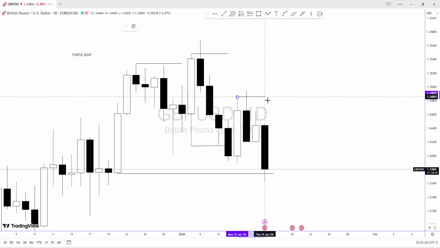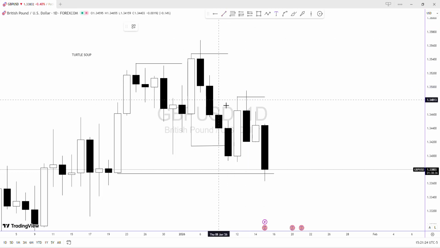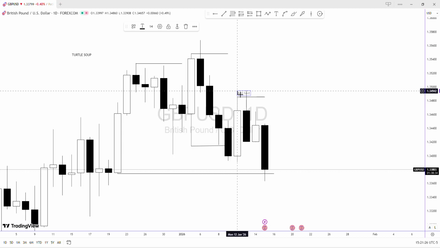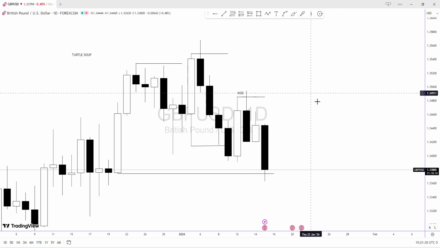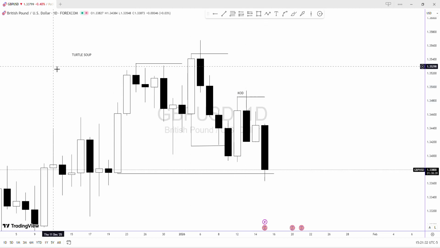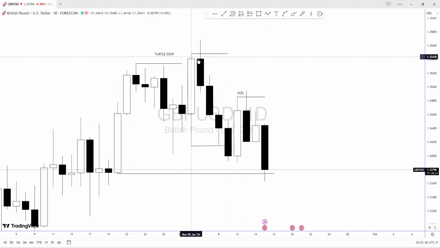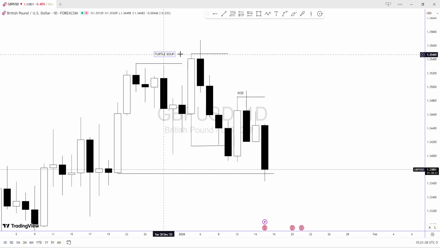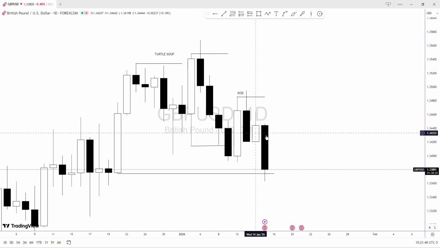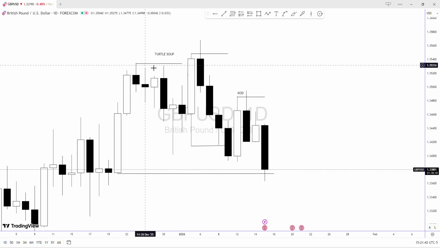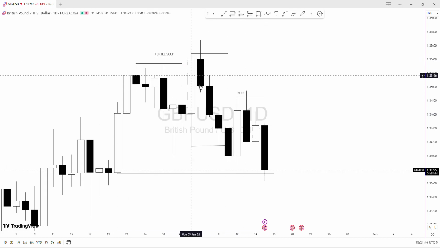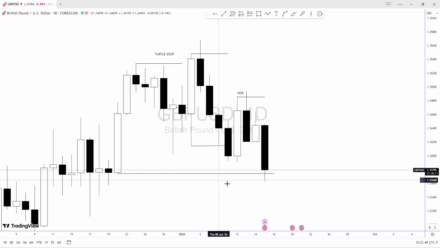This one is called KOD. I will explain that. This is the TS, and this one too is TS before coming down. So this is the weekly range high, then this is the weekly range low.